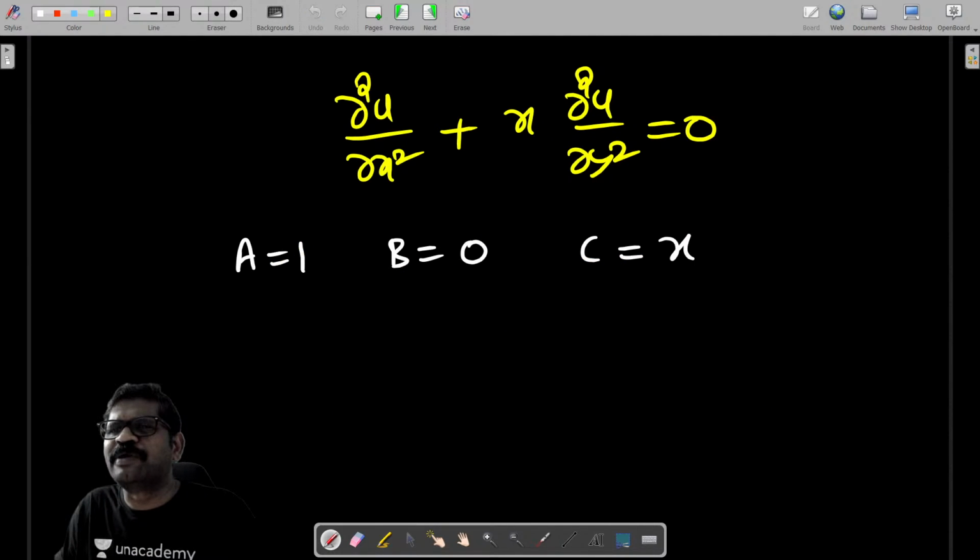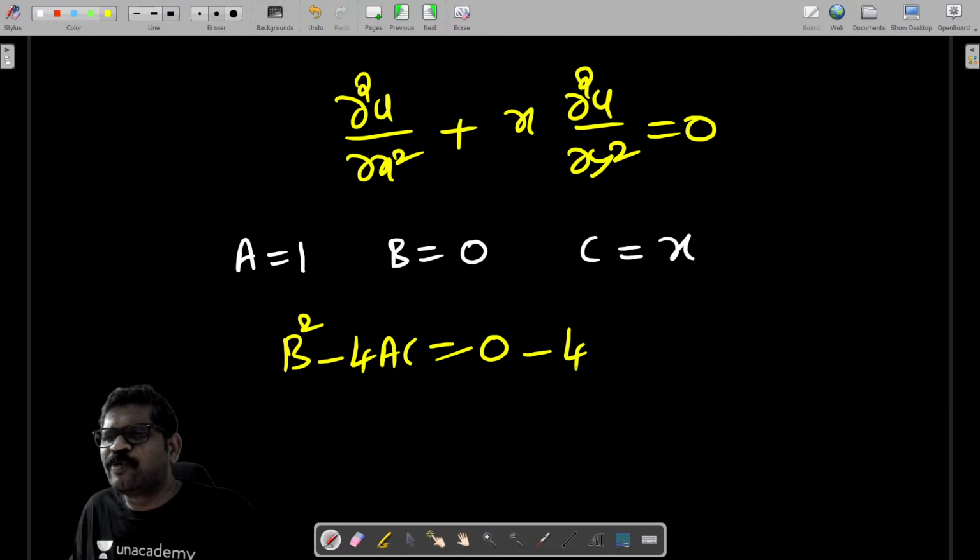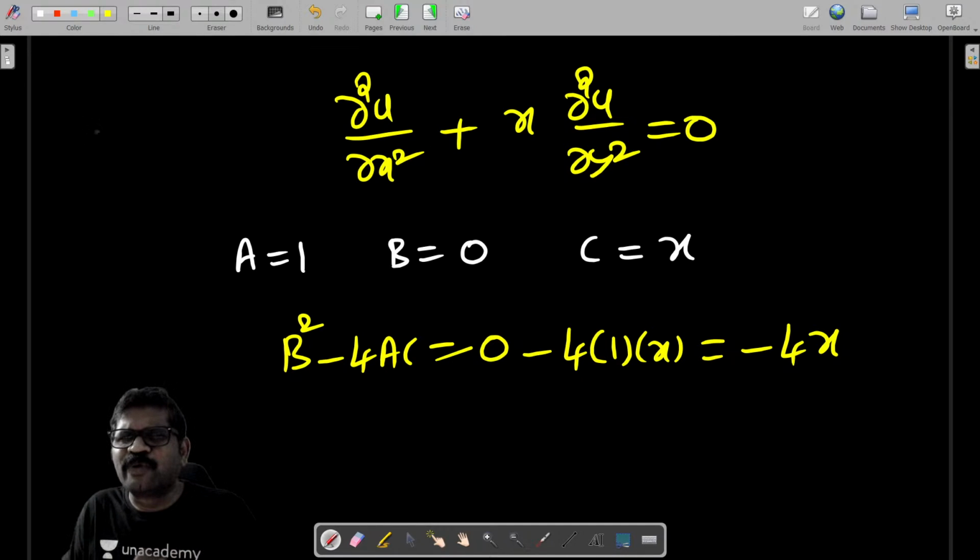Now come to our problem. If you calculate B square minus 4AC in this problem, 0 minus 4 into 1 into x, minus 4x. Now two cases arise.